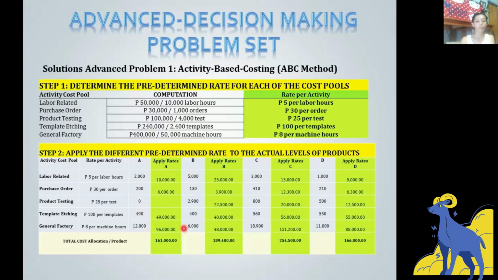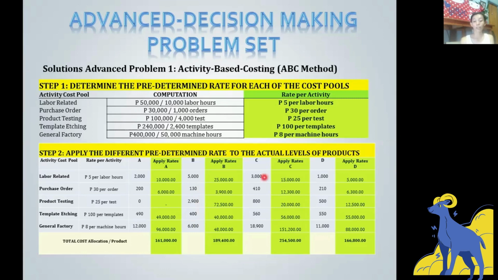Product B is different. It has consumed 5,000 labor hours, 130 orders, 2,900 product tests, and utilizes 400 templates and 6,000 machine hours.